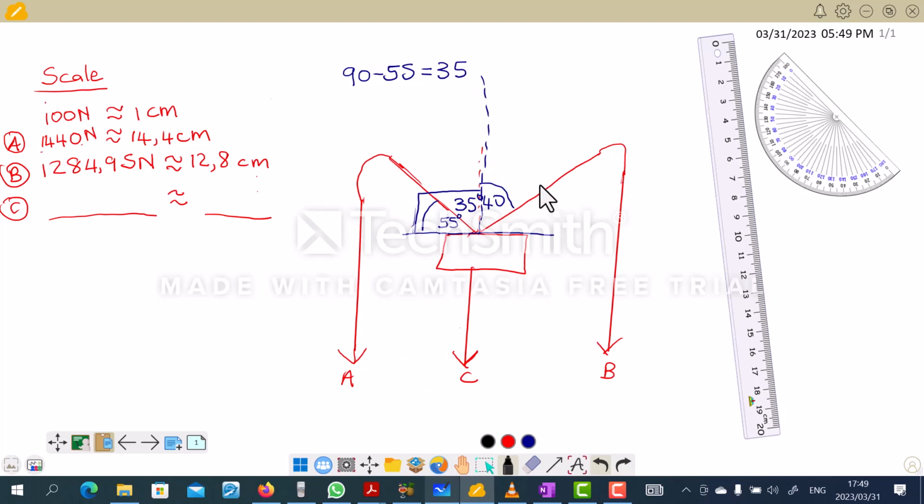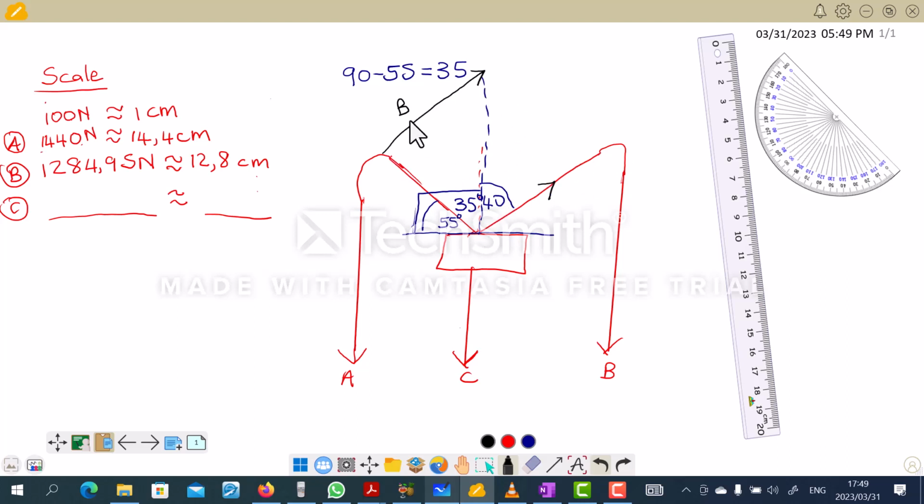So this vector, which is vector B, which is going at the angle of 40 degrees, I can put it here to be parallel. This is still vector B. I did not change any direction. So this line and that line are parallel, which means it's the same vector.